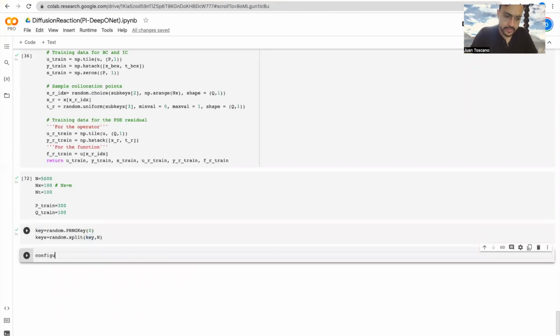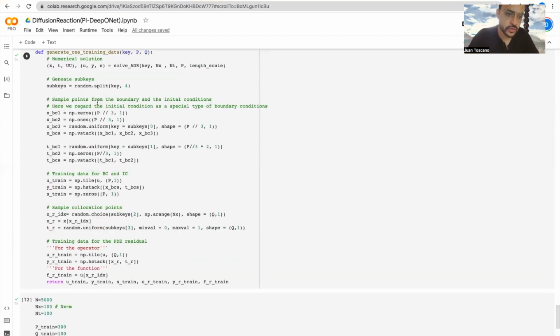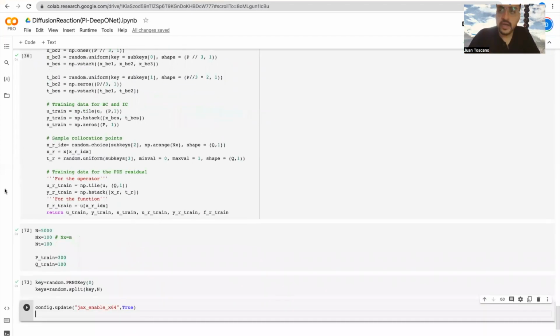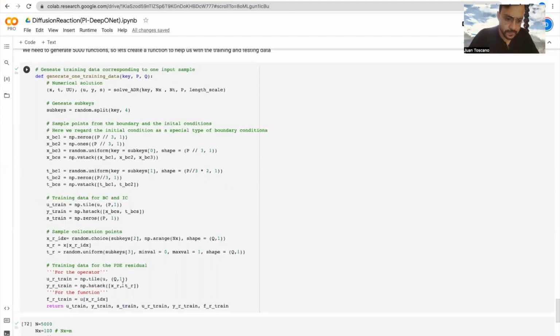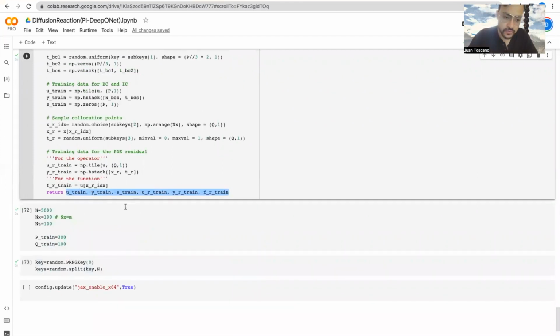We should enable double precision, so it would be config update, jax enable x64. Set this to true. And here's where using JAX comes in really handy, because JAX has this function called vmap that can take one function and evaluate it many times. That way we can use this generate one training data to generate 5,000 functions in a single step. So we know what's the output. It's all we have here. The only difference is that now we're going to obtain 5,000 of each one of those.